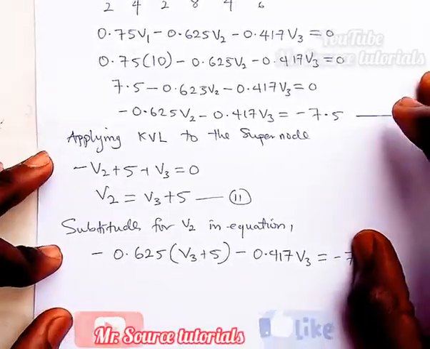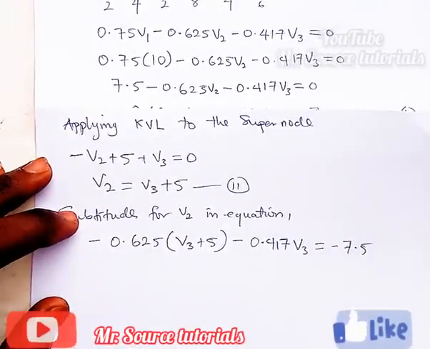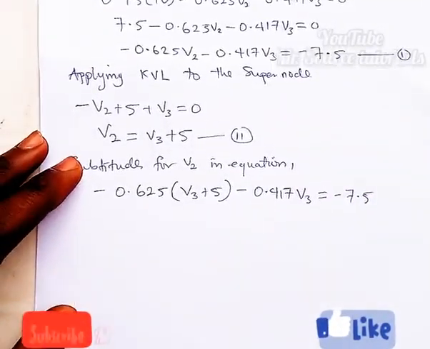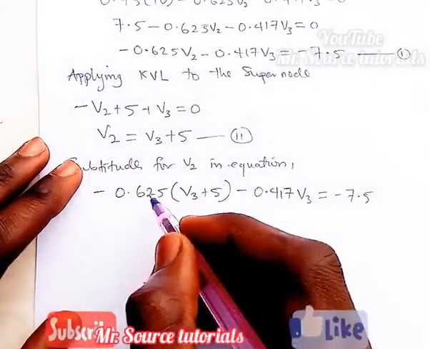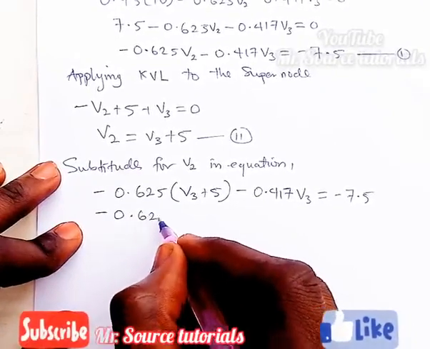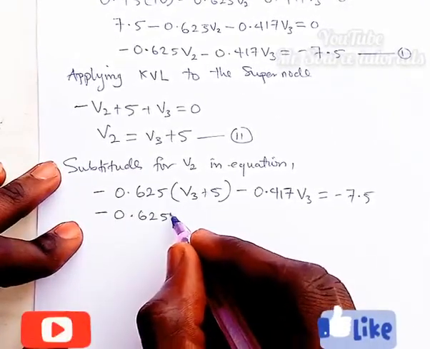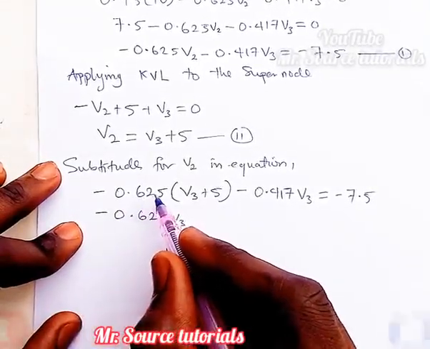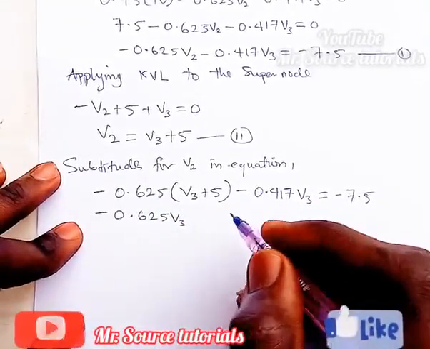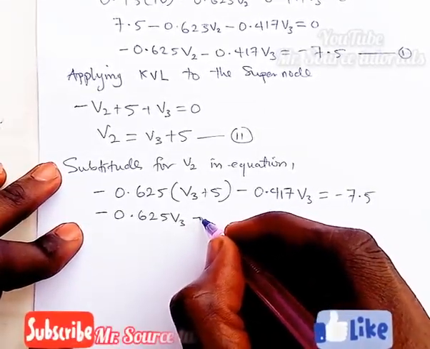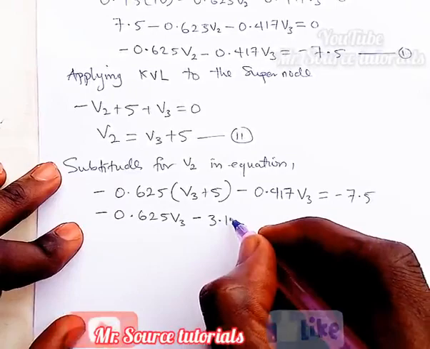So we can simply find our V3 from here using a step-by-step process. Opening this bracket, we're going to have minus 0.625 times V3, which gives us minus 0.625 V3, and minus 0.625 times 5 is going to give us minus 3.125.